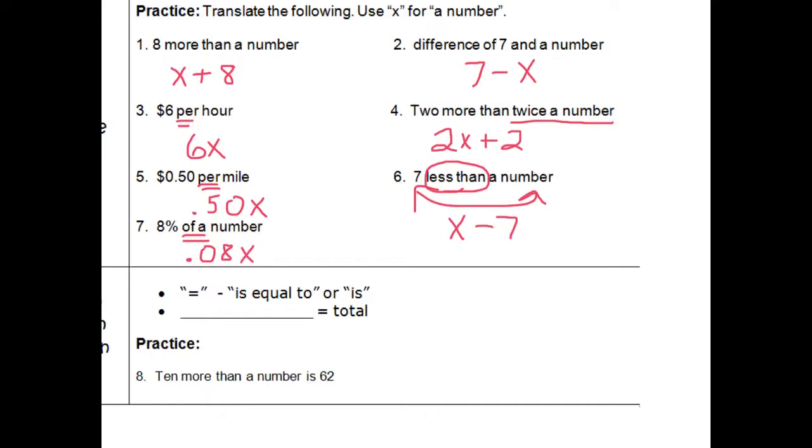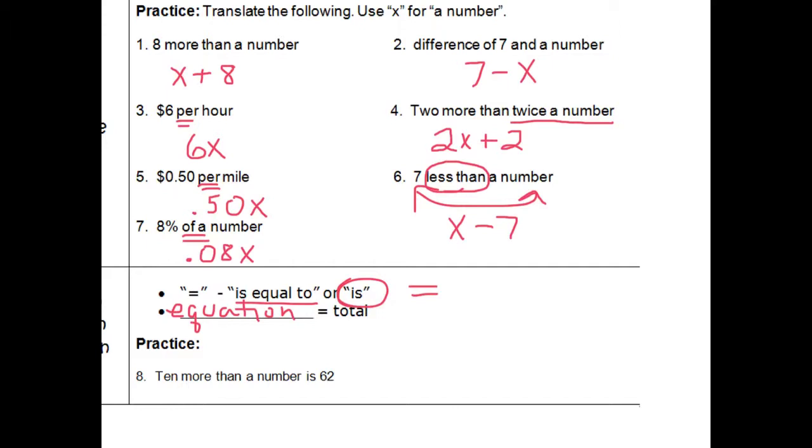Okay, the big words to look for in a verbal sentence that'll get you halfway there are the word is or is equal to, because if you see the is, you can immediately put an equal over it. So equal or equation means total. So let's do a little bit of practice.